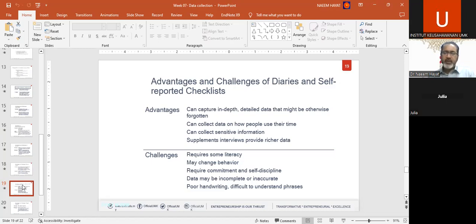So sometimes the data are incomplete or inaccurate. There is also poor handwriting and phrases that are difficult to understand, because many people may not write in full statements or sentences, or sometimes use shorthand or abbreviations that make understanding difficult. Those are some of the challenges related to the diary or self-reporting.